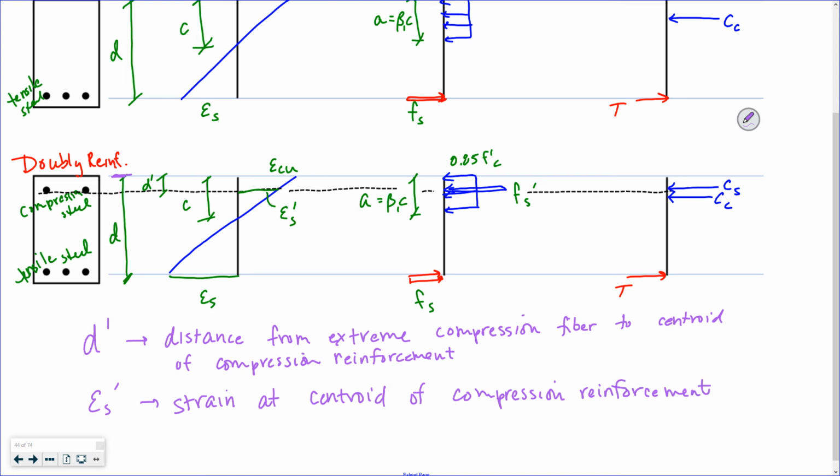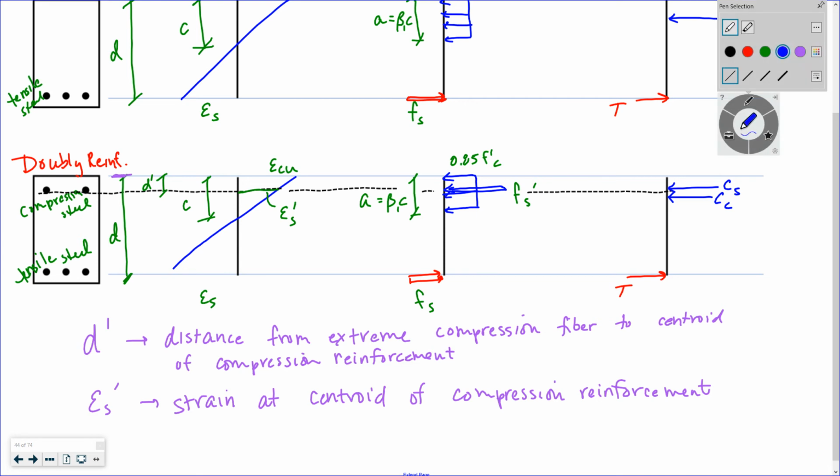ES is the strain at the centroid of the tensile reinforcement. ES prime is the strain at the centroid of the compression reinforcement. Remember, this happens at the centroid, so if there are 2 layers of one of the types of reinforcement, the centroid is between those 2 layers. In this case, we only have 1 layer of each type, so it's at the centroid of those bars.